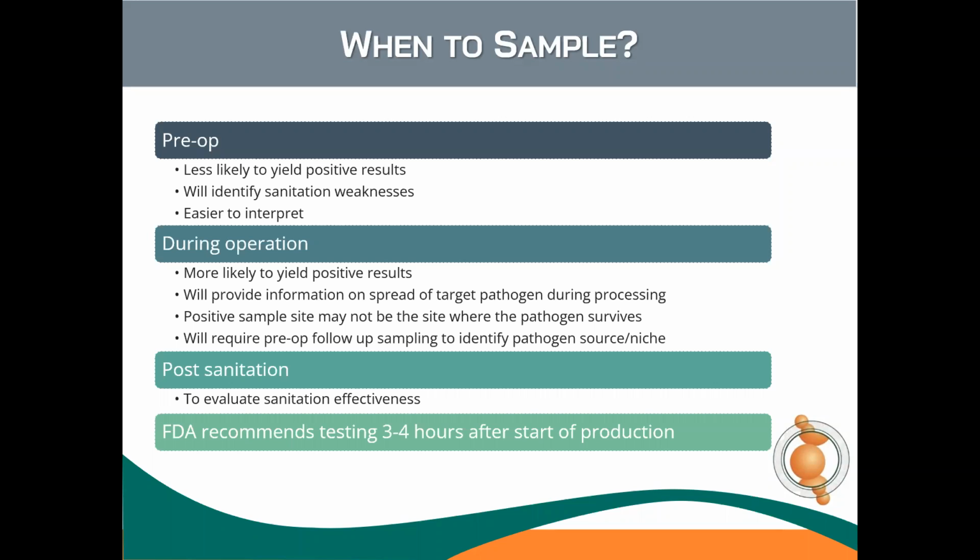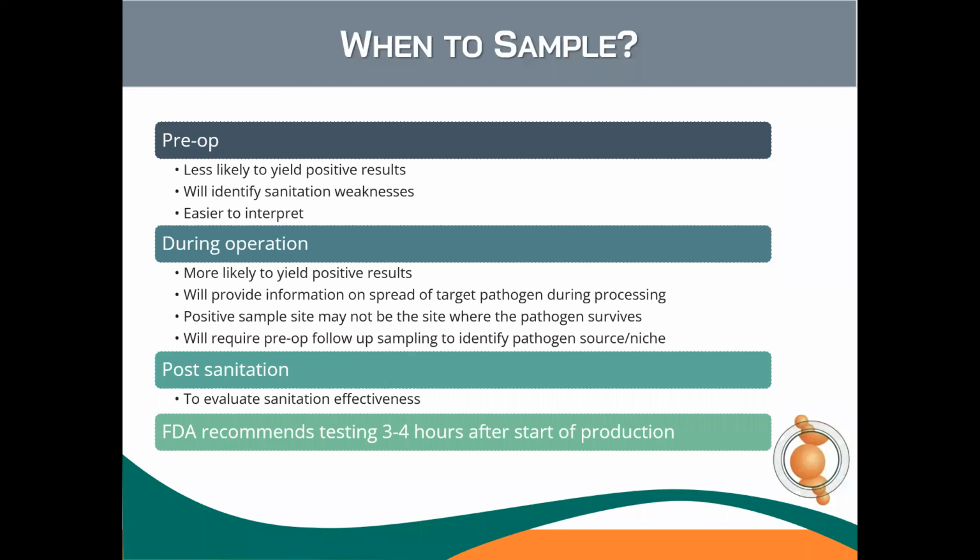During operation, this is when you're more likely to yield positive results. Data from during operation will provide information on the spread of target pathogens during your processing. It's important to note that positive sample sites may not be the site where the pathogen survives. And then you will also require pre-op follow-up sampling to identify the pathogen source or niche.